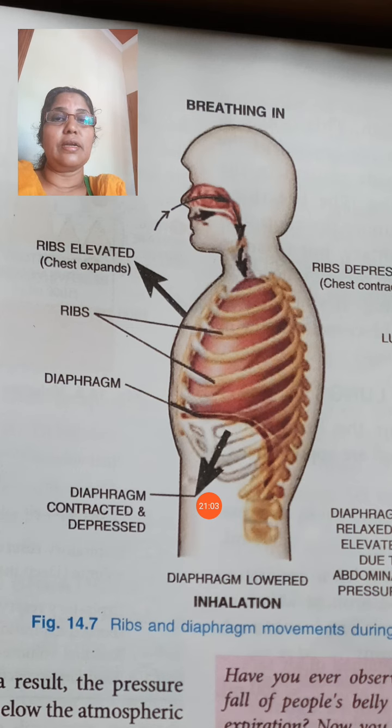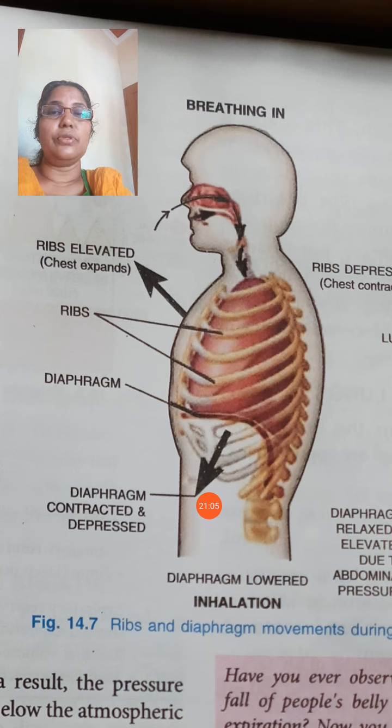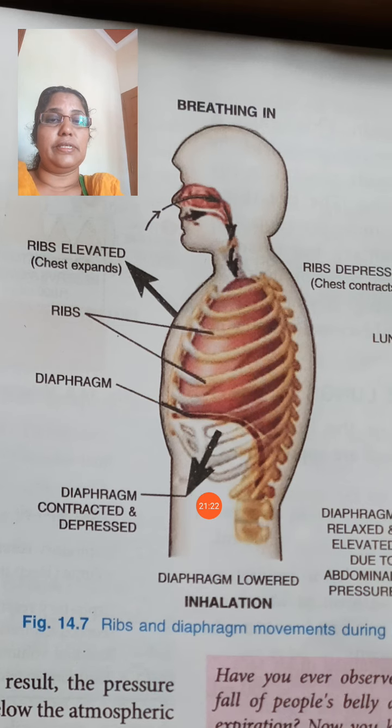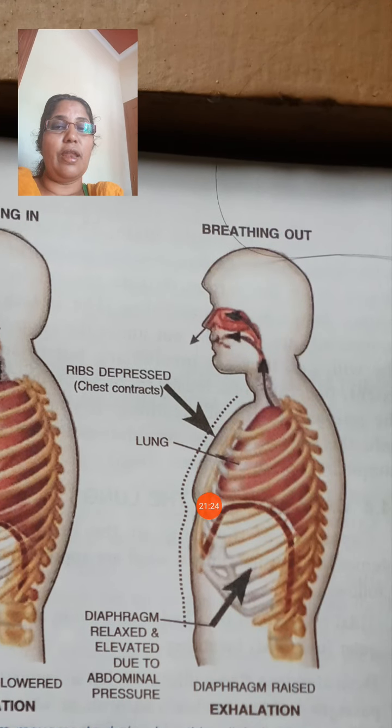In that condition, air may rush into the chest cavity because the expansion causes a reduction in the air pressure inside the lungs. So a vacuum may be created there, so that more outside air rushes into the chest cavity. The opposite thing will happen.